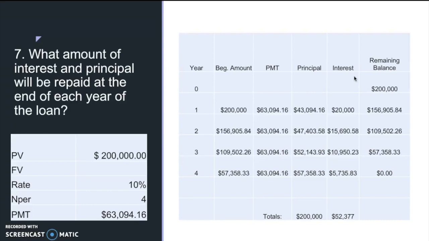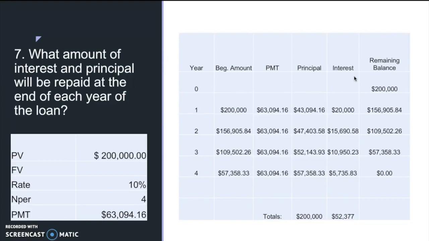So we start with $200,000 as our beginning amount, and then we give a payment of $63,094.16, which gets us to our principal and our interest, and comes back with our remaining balance. And our remaining balance then becomes our beginning amount for year 2, etc.